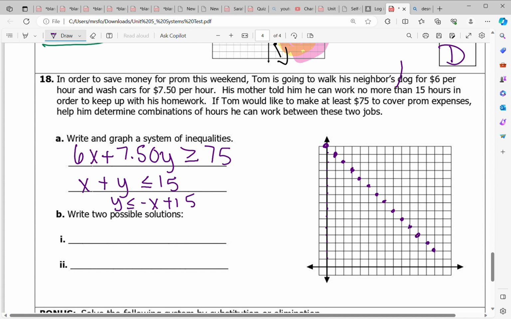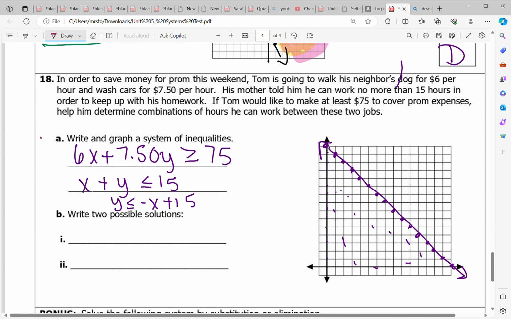And this is going to be one where there's lots of possible answers. And he has to work less than or equal to that. So it's going to be in this area. But we need to take into account how much money he needs.